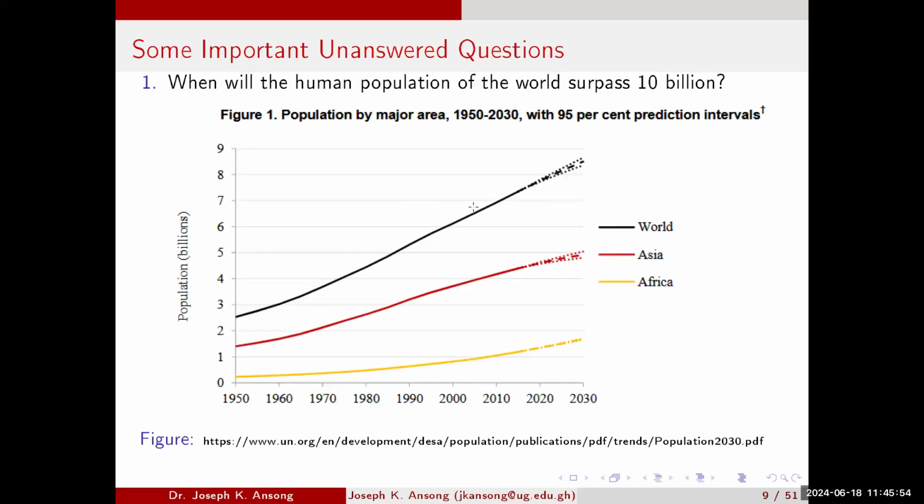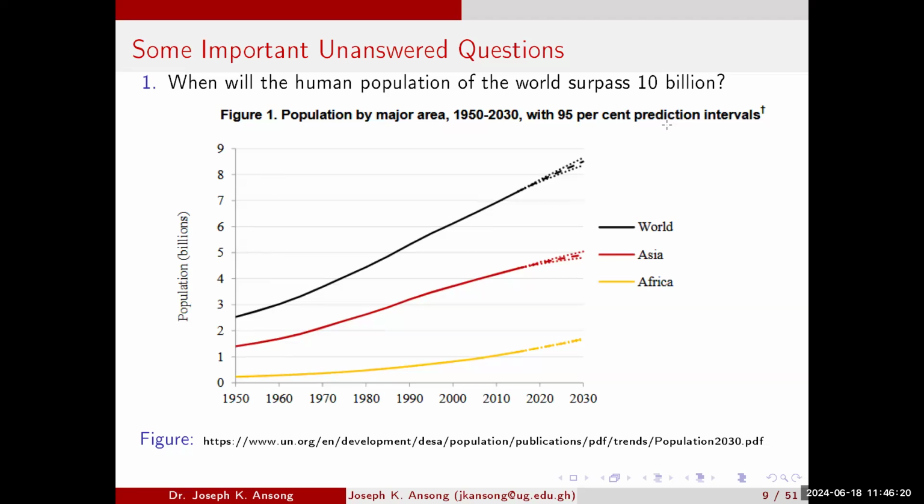Well, one of the questions that applied mathematicians, even those in population studies, want to understand is the trajectory of the world's population for different continents, different parts of the world. For example, when will the human population surpass 10 billion?